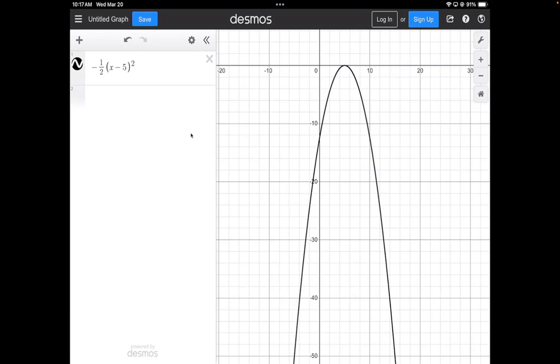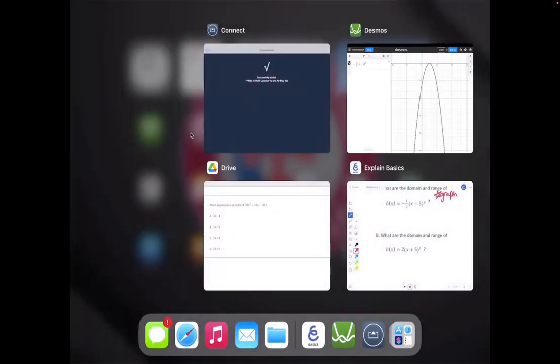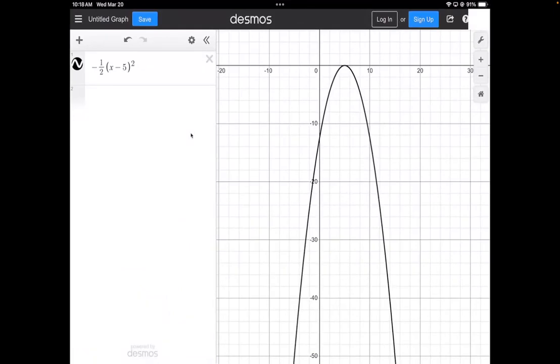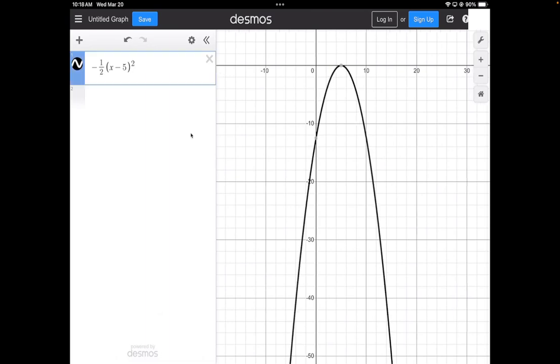And then our range, though, keep in mind for your pattern, we always have whatever our lowest is less than, in this case, it's going to be y because it's a range. If it was domain, it'd be x. Low and high. So if I'm looking at my picture, I don't have a low. It's just going infinite down, but I do have a high and it happens to be at 0, right?